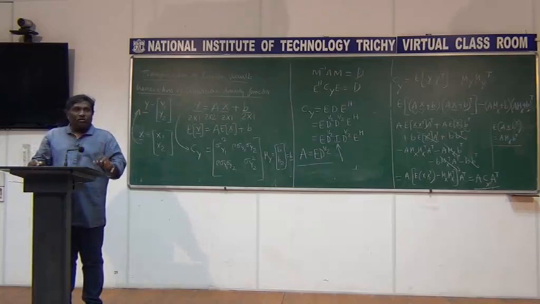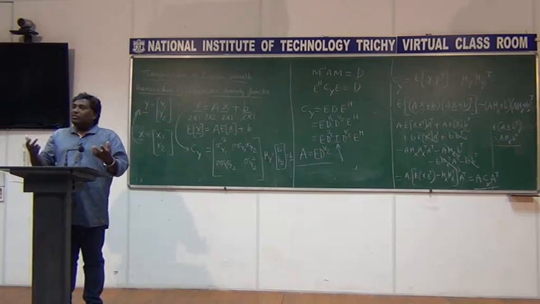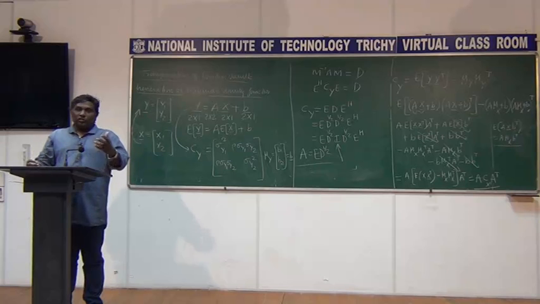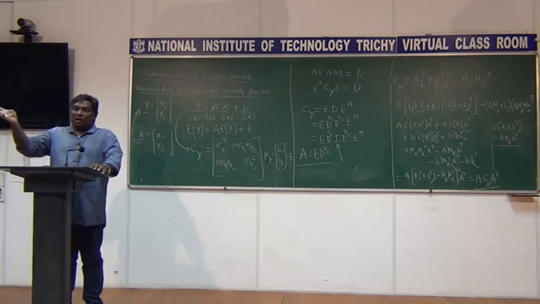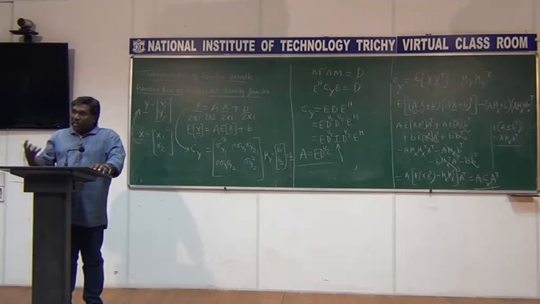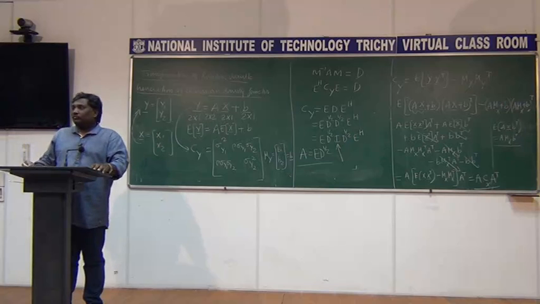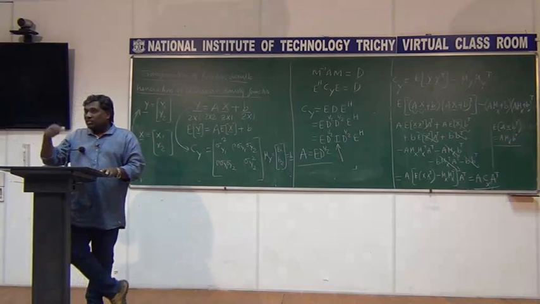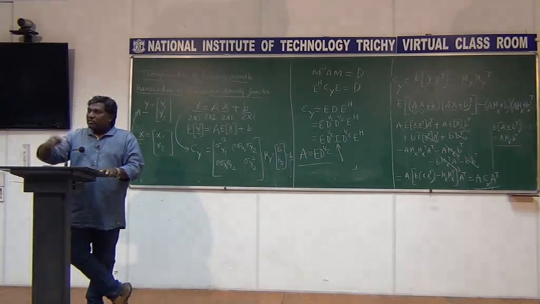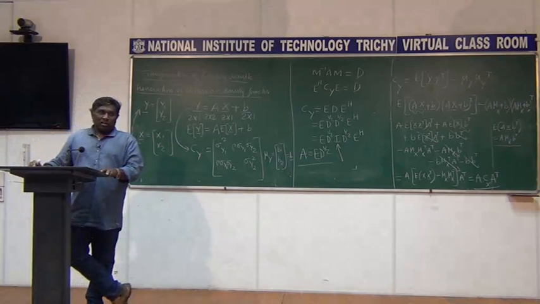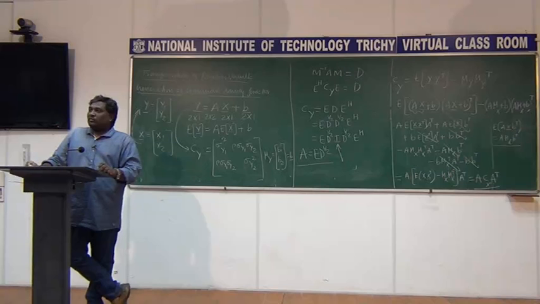You must not use the data you have generated for R for theta. You should generate again. That's very important. If you use the same, you are purposefully making some correlation and it spoils. So this is very important.